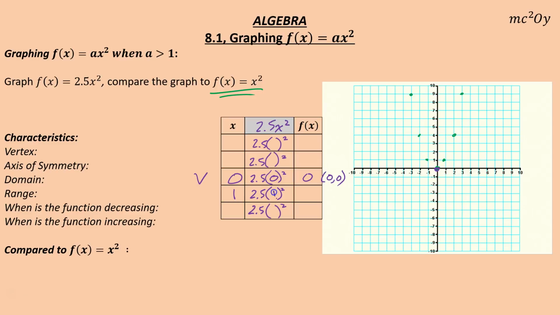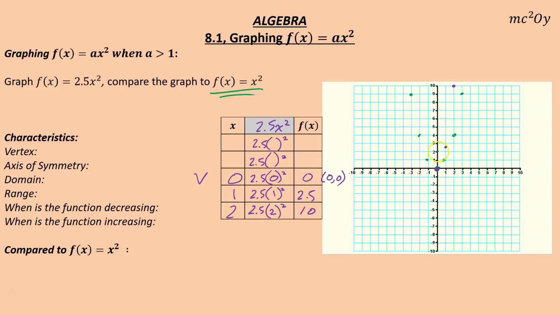Put in 1. Okay, 1 squared is 1 times 2.5 is 2.5. So we get 1, 2.5. Notice this point moved up a lot. Okay, and we now have 2. 2 squared is 4, and 4 2.5s, well, that's like 4 quarters almost. That's 10. Okay, well, that brings me way up here. So this point that was right here has really moved up.